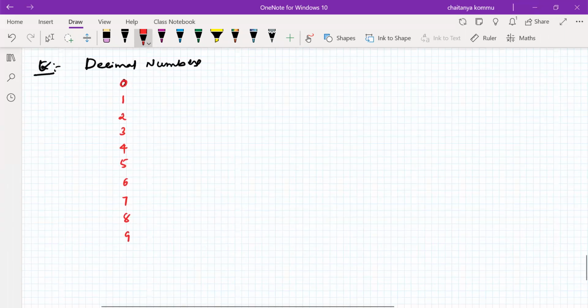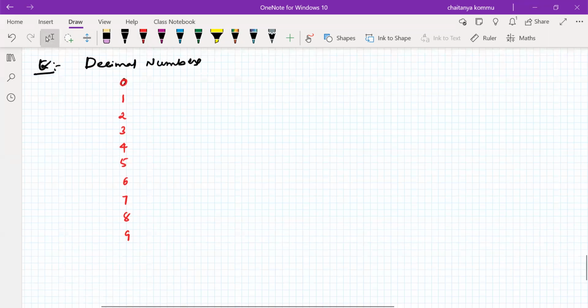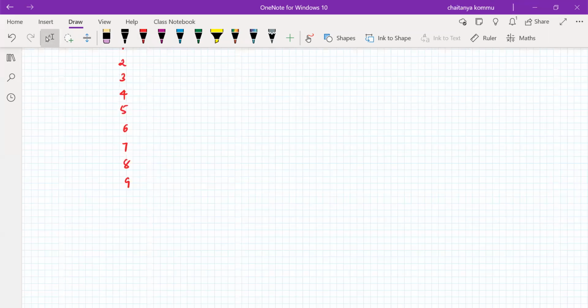If you want to get the 10th value, we do not go for any other digit.